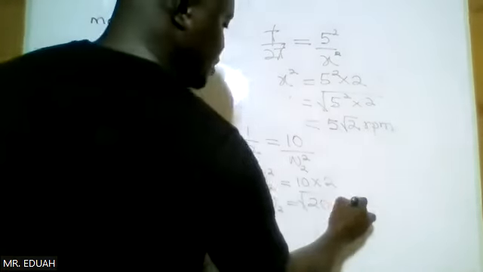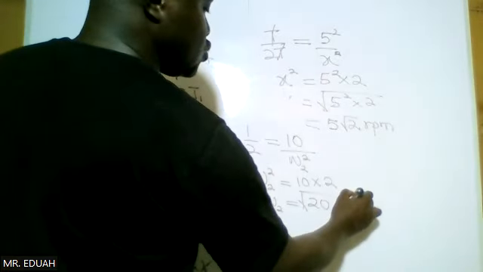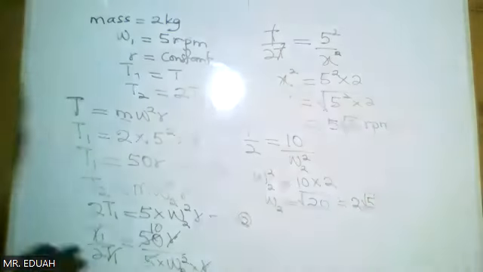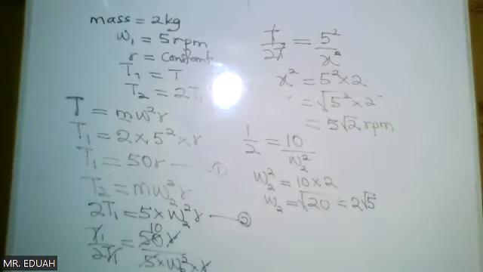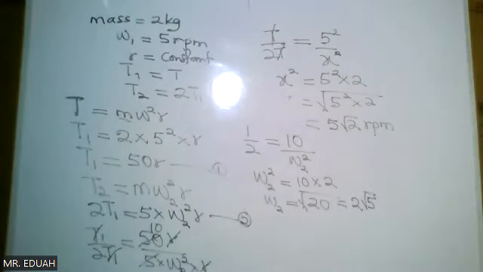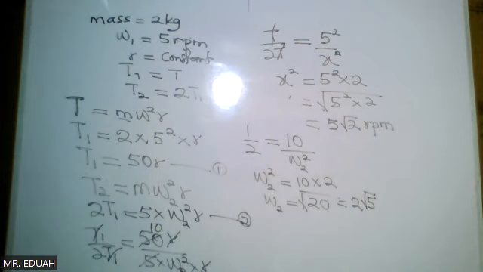And square root of 20 is equal to 2 root of 5. What is 2 root 5? 4.472.